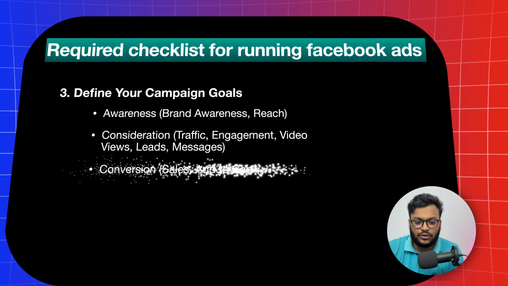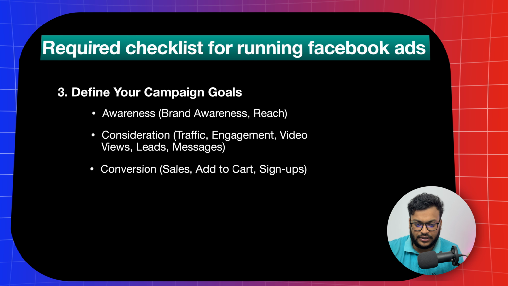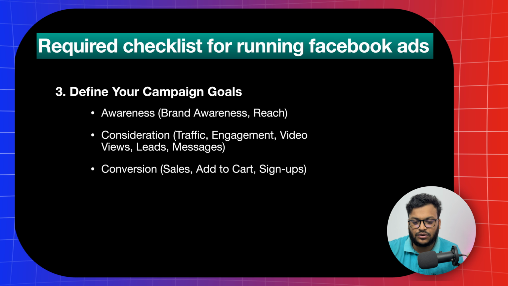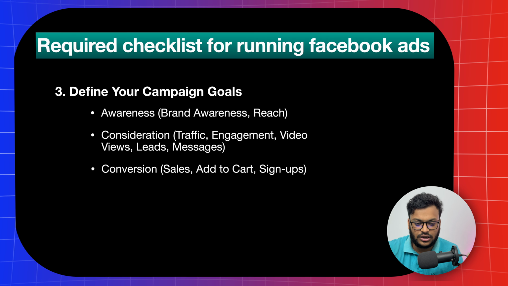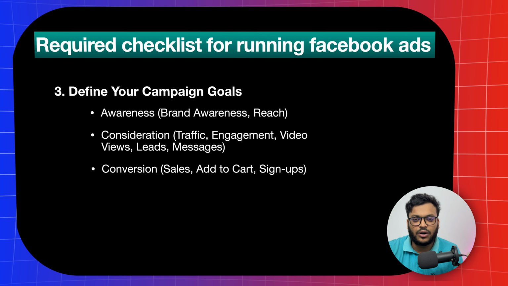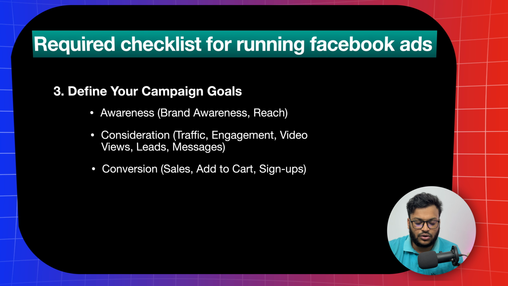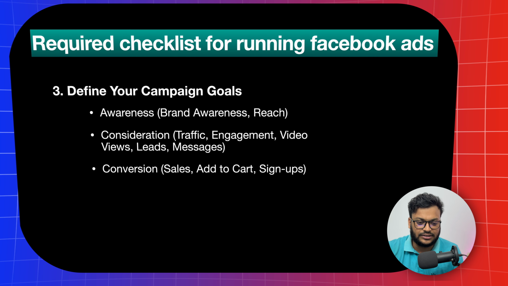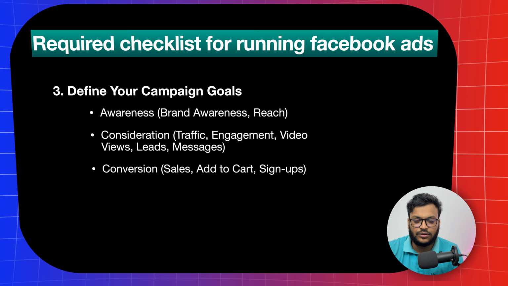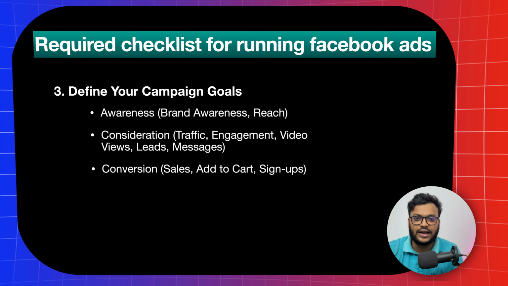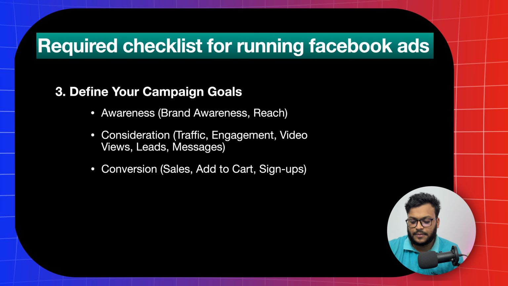And then you will get the conversion campaign setup. Sales, add to cart, sign up, lead and so on you will find in the conversion section, which is the important part for getting your ad results. But you need to track all of that, and you need to understand your goal and set up your plan.